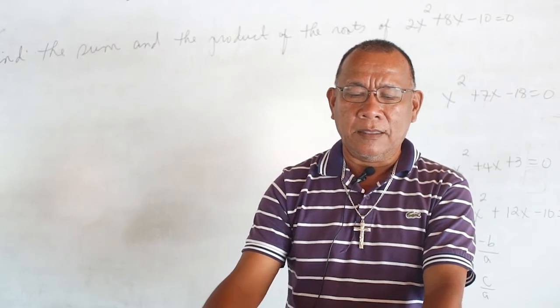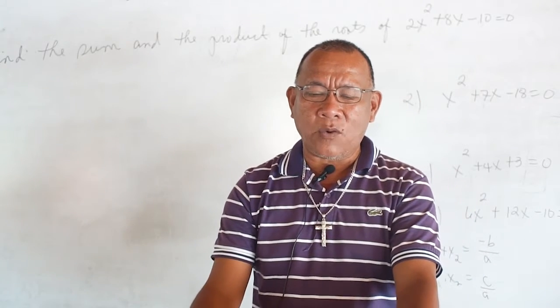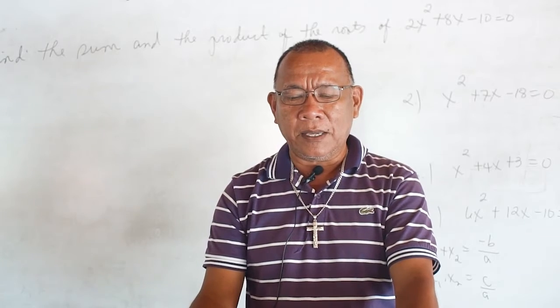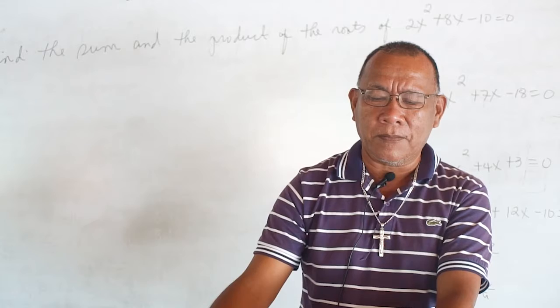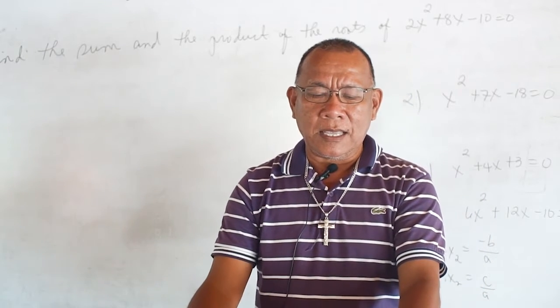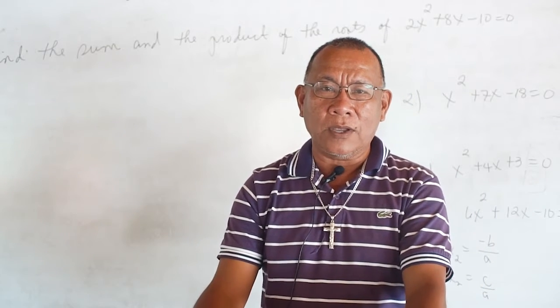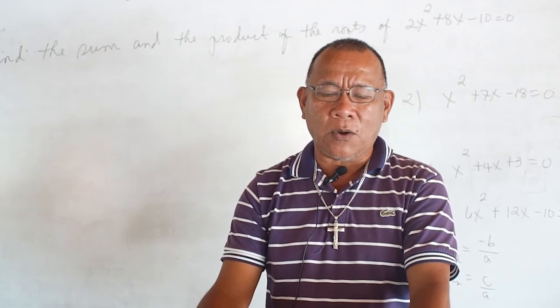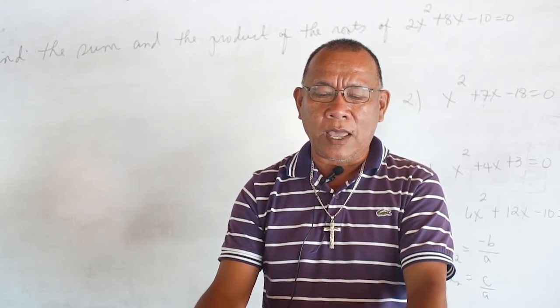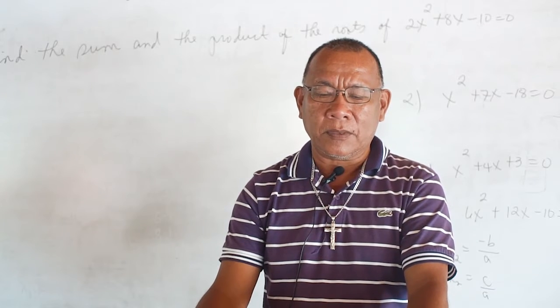Remember that the roots of a quadratic equation can be determined using the quadratic formula: x is equal to negative b plus or minus the square root of b squared minus 4ac over 2a.